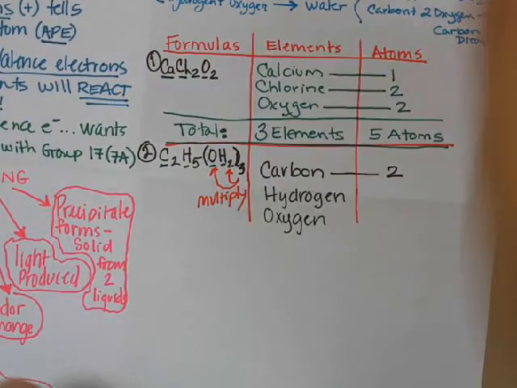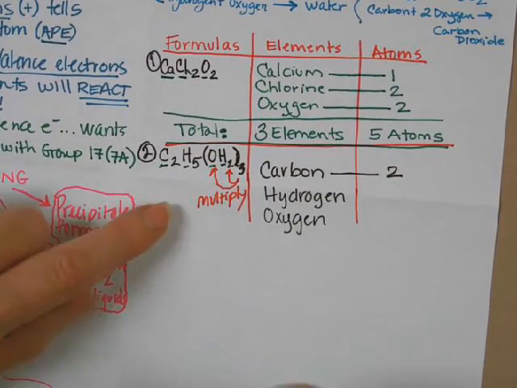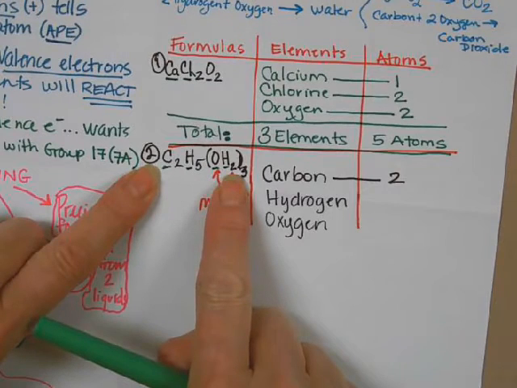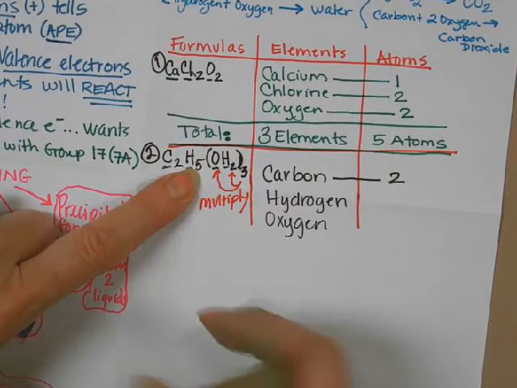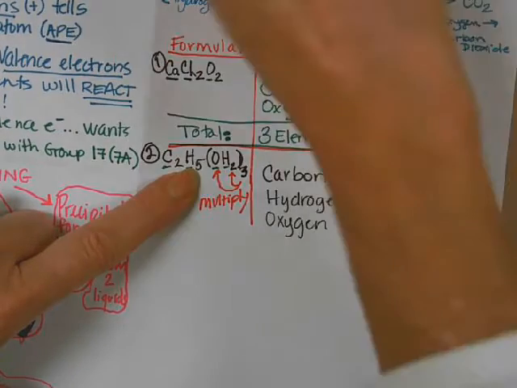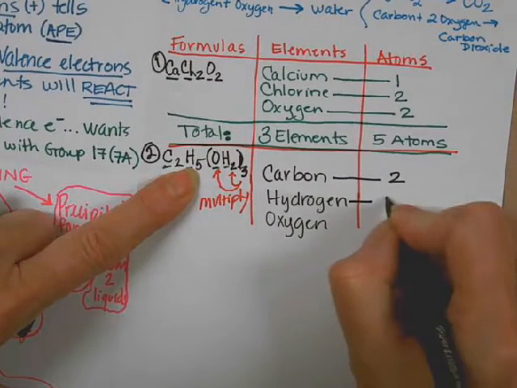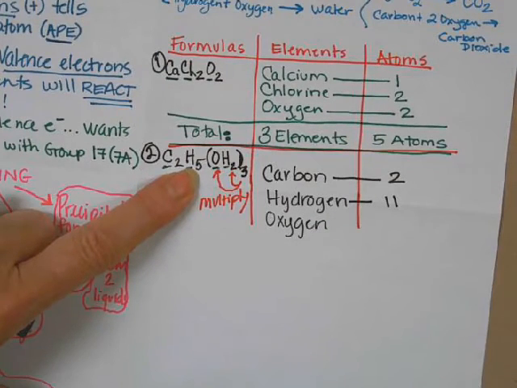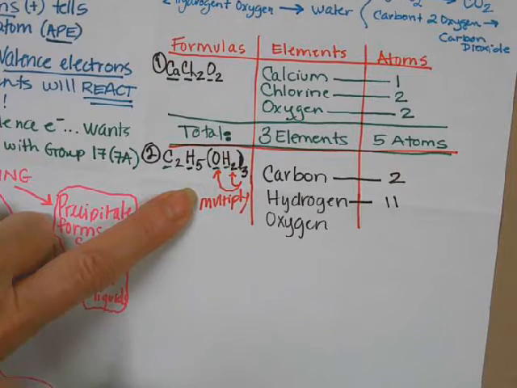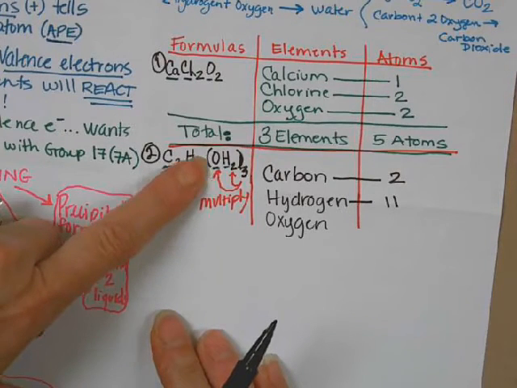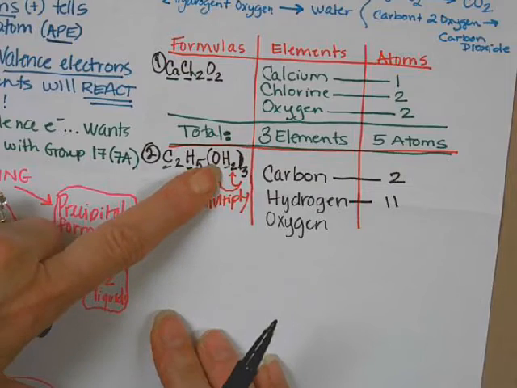Multiply. So let's start with hydrogen. 2 times 3, that gives me 6, plus the 5 over here. So 6 plus 5 means I have 11 total atoms of hydrogen in this compound. Oxygen, I only have 1 inside the parentheses because there's no subscript.